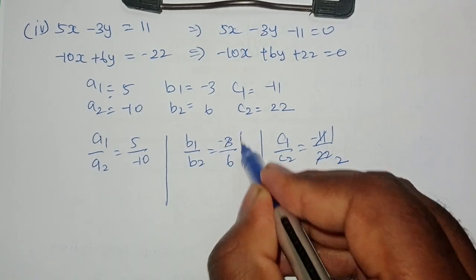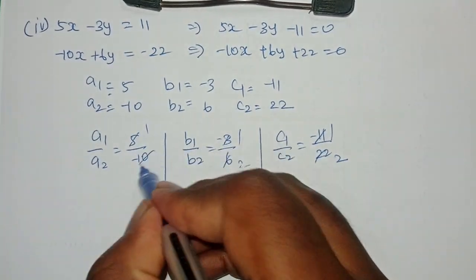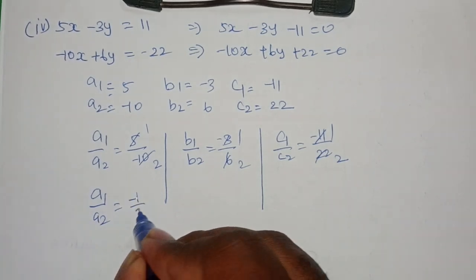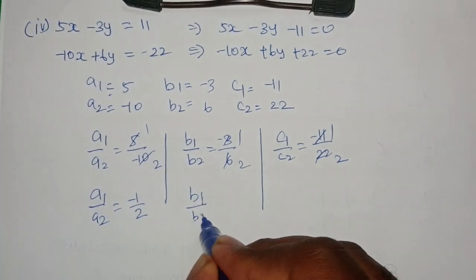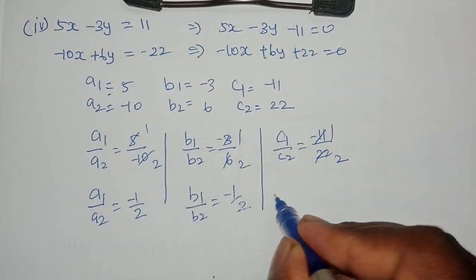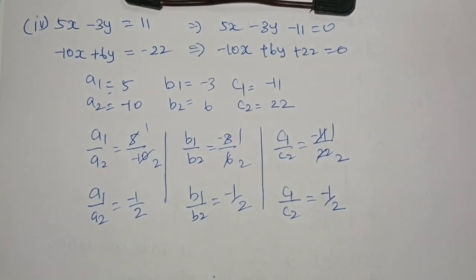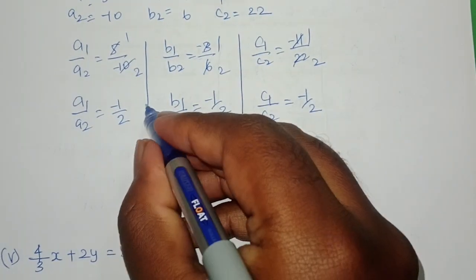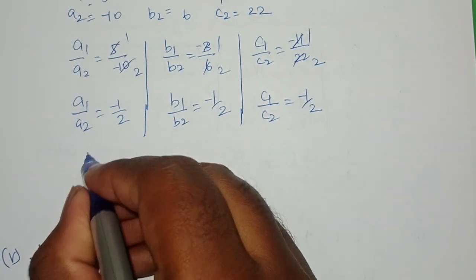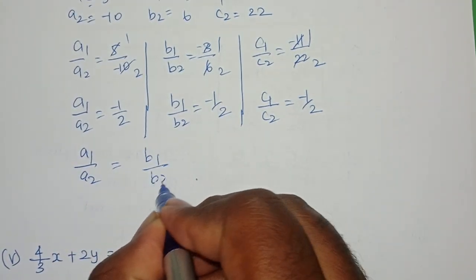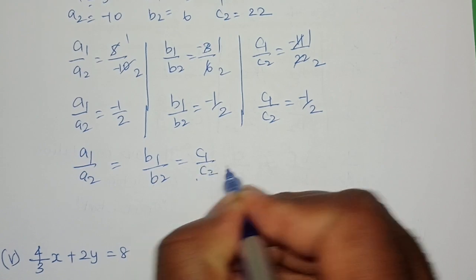Simplifying, a1 by a2 is equal to minus 1 by 2, b1 by b2 is equal to minus 1 by 2, c1 by c2 is equal to minus 1 by 2. Here we get all three ratios equal: a1 by a2 equal to b1 by b2 equal to c1 by c2.